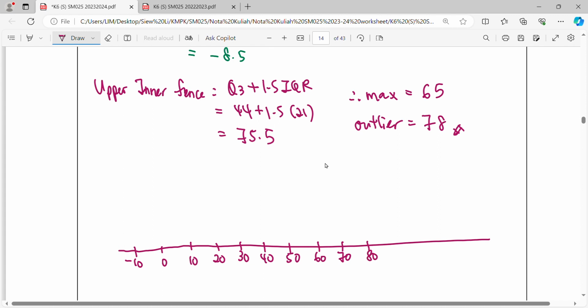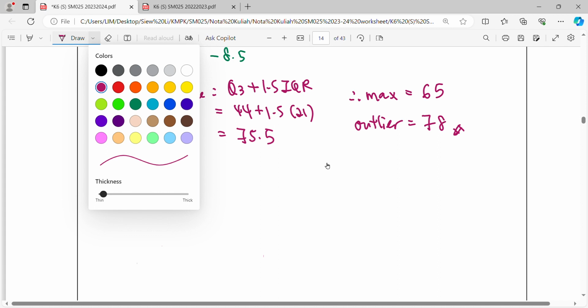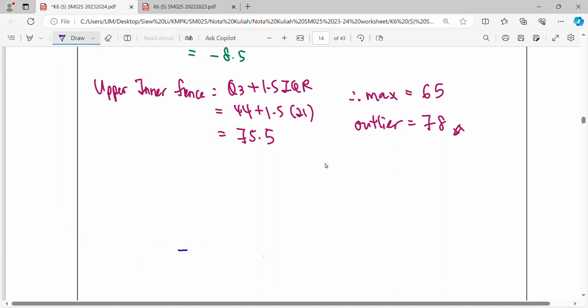Okay, so draw it in scale. Use your ruler, draw it nicely, and use your scale correctly.